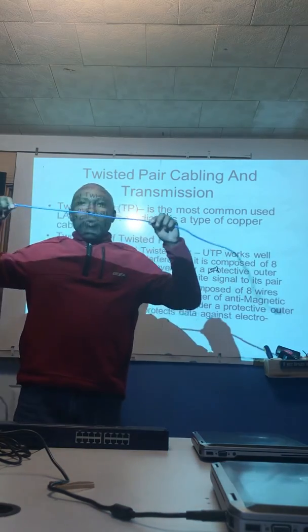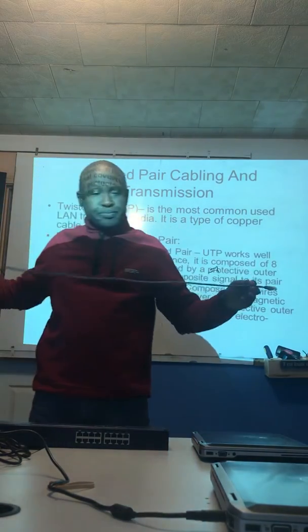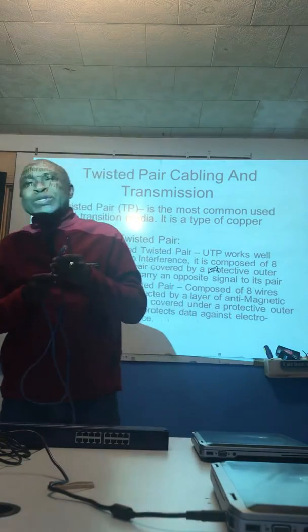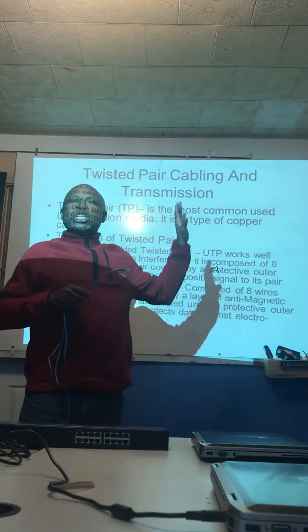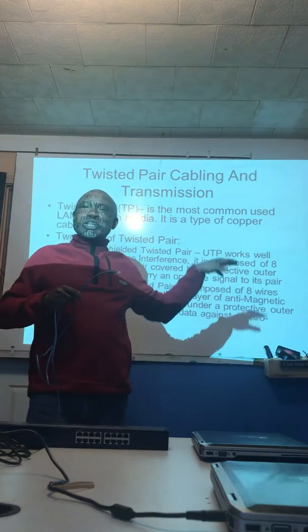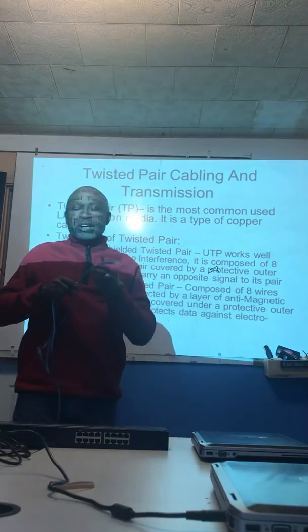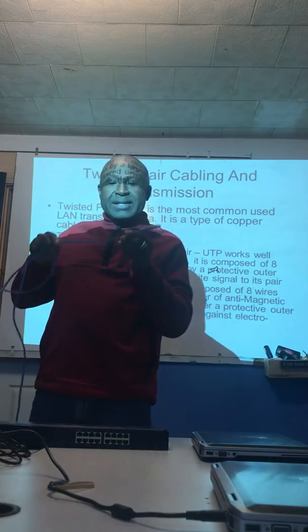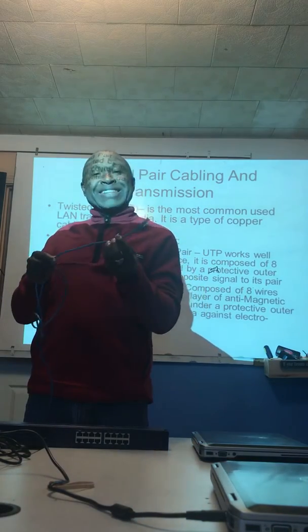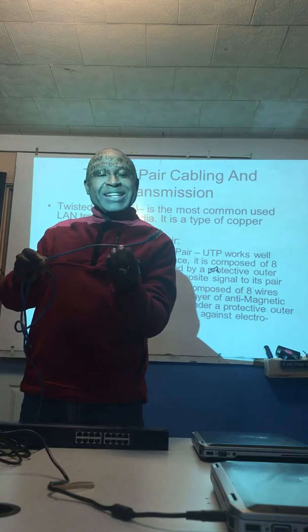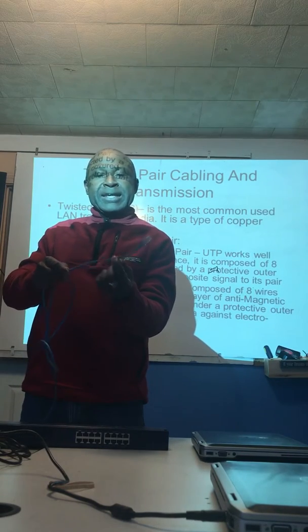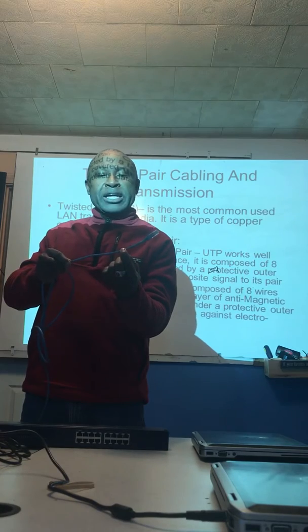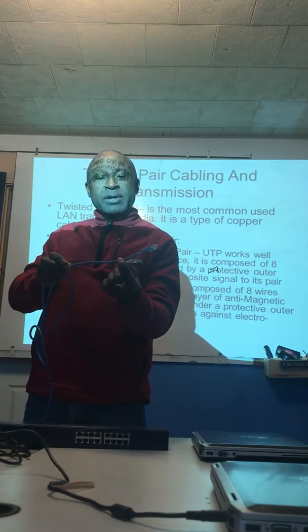But what I want you to understand also is that there are 2 types of twisted pair cable. There are shielded twisted pair and unshielded twisted pair. Earlier I said there are 4 pairs of wires inside this cable, and on the outer part is a plastic jacket.